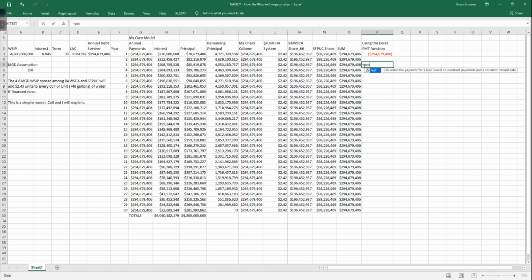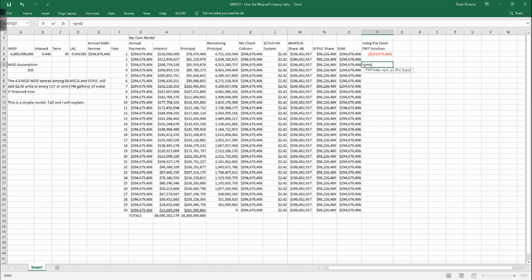Equals PMT, and see, here's the rate. That's 4.5%. Number of periods, 30. Present value is nothing more than what you're trying to get the present value for, and you can do this other side.